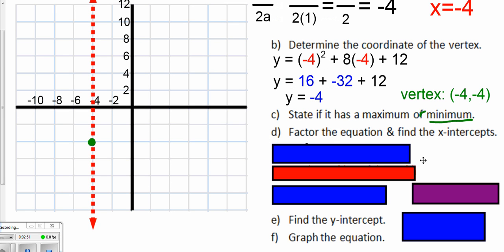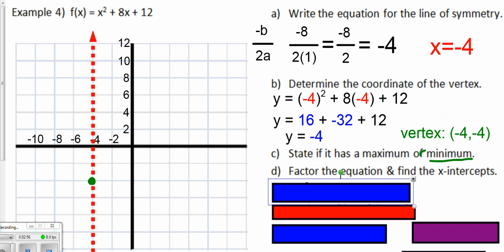We're going to factor the equation and find the x-intercepts. Now, as we look at our equation here, remember a is 1 in this case, we're going to do the AC method of factoring. A times c means 1 times 12 gives us 12. Now we want the factors of 12 that would add up to 8. So things like 1 and 12, or 2 and 6, or 3 and 4.